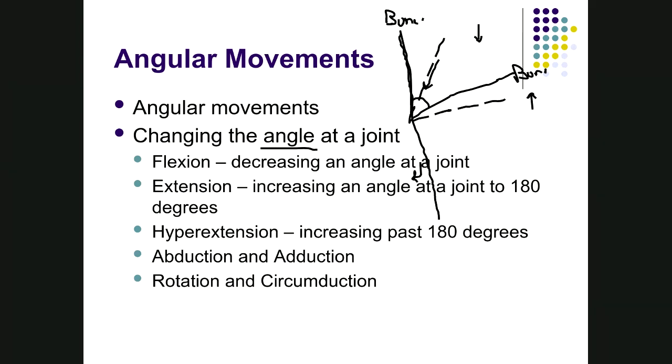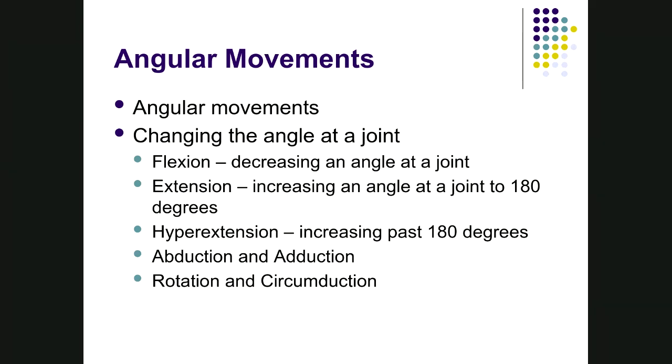Well, if you decrease a joint angle, it's called flexion. If you increase the joint angle, it's called extension. If you go past 180 degrees, it's called hyperextension. Those are all in the anterior posterior plane. But you can also have angular movements in the lateral planes, but we don't call those flexion, extension, and hyperextension.